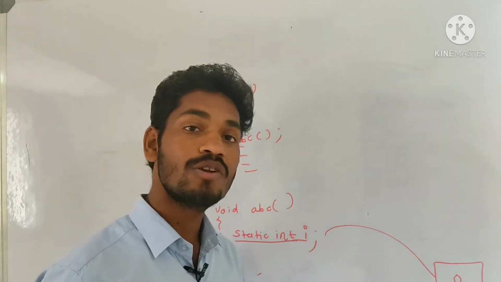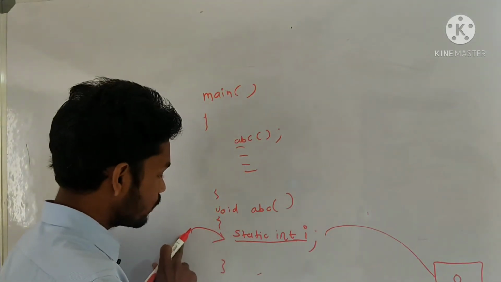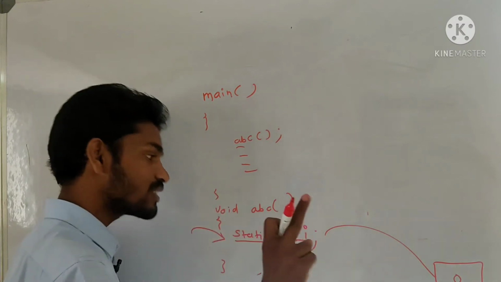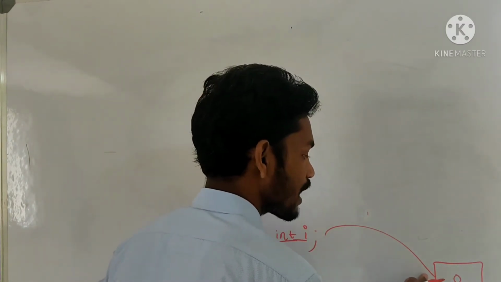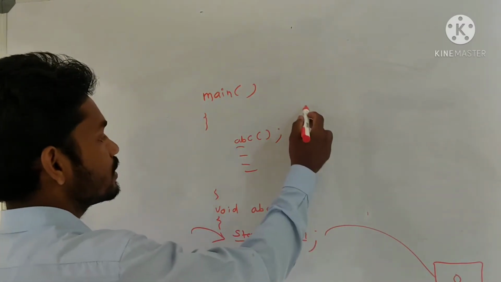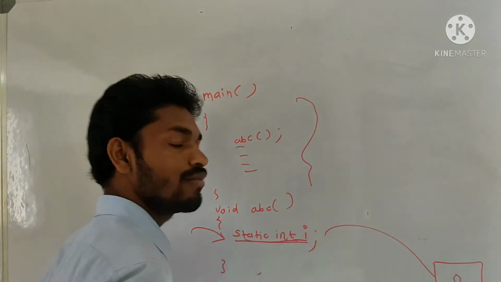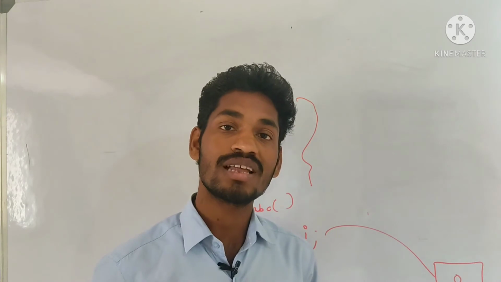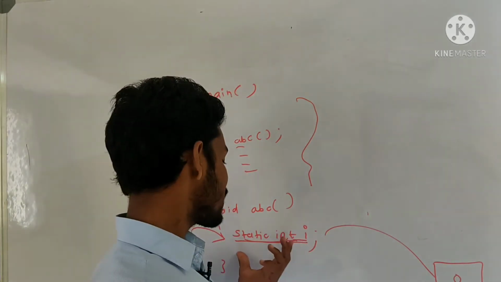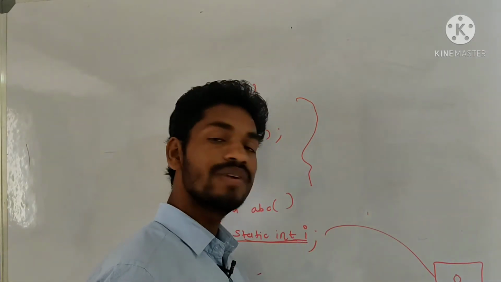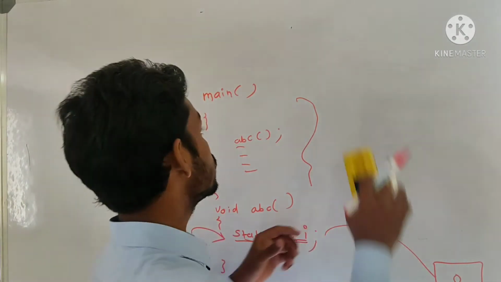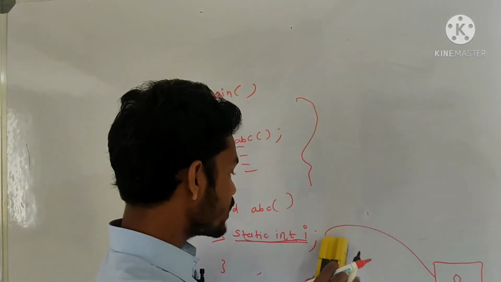The life of that variable will start when control enters the function for the first time, and it will remain till the execution of the whole program ends, not only within this function.